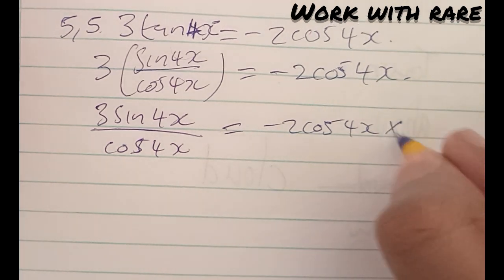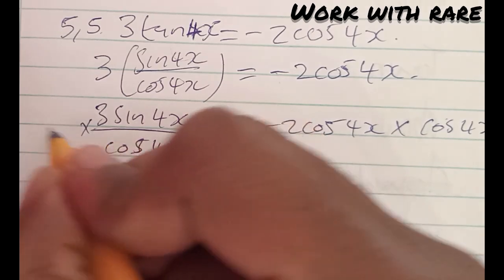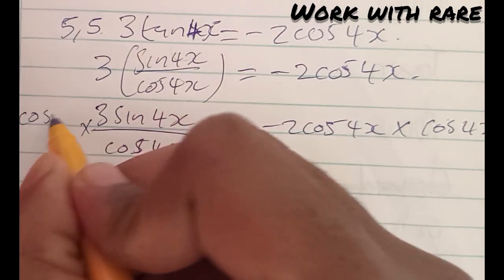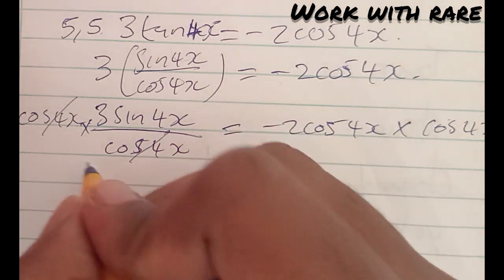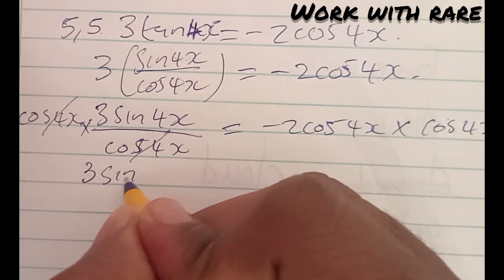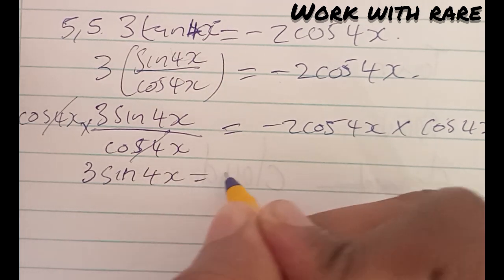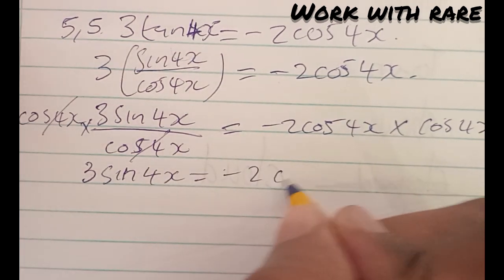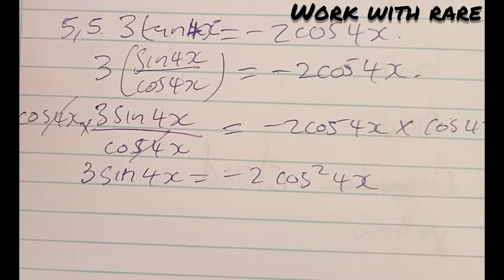This one and this one cancel each other, so we remain with 3 sine 4x is equal to negative 2 cos squared 4x. Now I'll have to take this side to the left hand side.